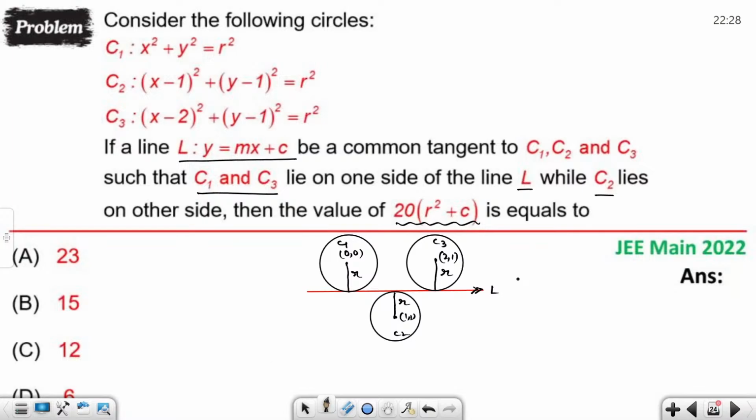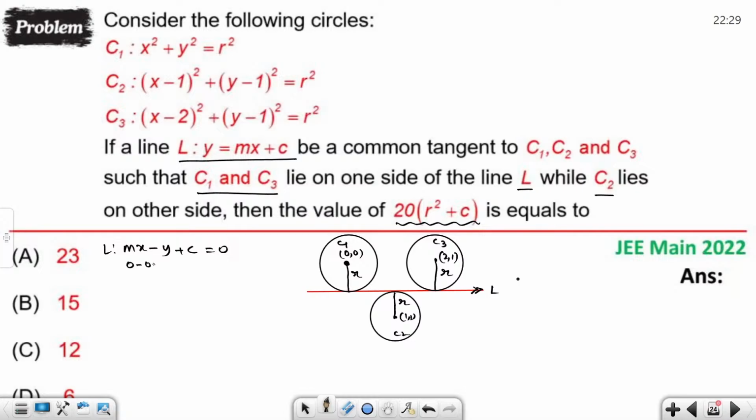Okay. Now, what is the perpendicular distance drawn from the center of the circle C1 on the line L? The line L is mx minus y plus c equals to 0. So this is the equation of this line L. So what will be the perpendicular distance drawn from the center 0, 0 of the first circle on this line?